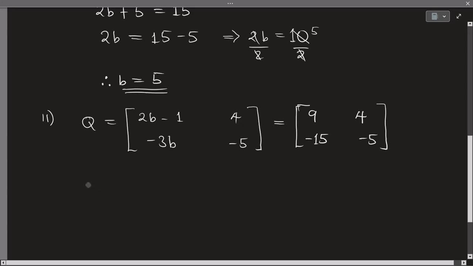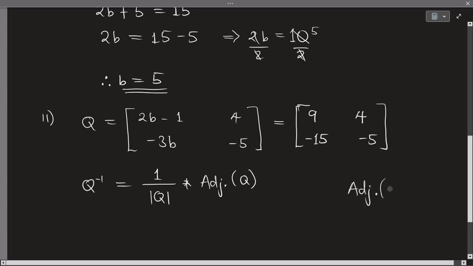Then what we need is the adjoint. If you can remember, we said to find the inverse of any matrix, we need two things. One which we have already been given, the determinant, multiplied by the adjoint. So since we have the determinant, what we only need is the adjoint.